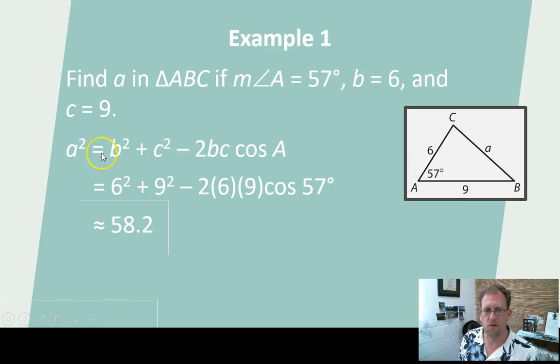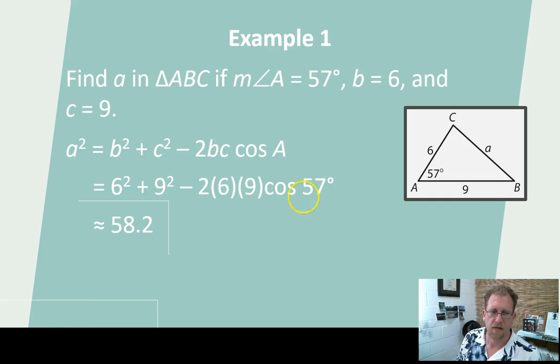So a squared equals b squared plus c squared minus 2bc cosine A. So it's the a side I'm looking for. It's the cosine of the A angle, but then everything else in this equation is b and c. b is 6, c is 9: 6 squared plus 9 squared minus 2 times 6 times 9 times the cosine of 57.